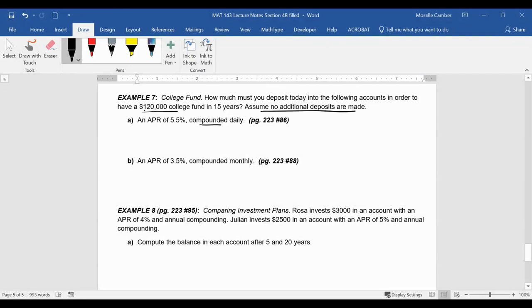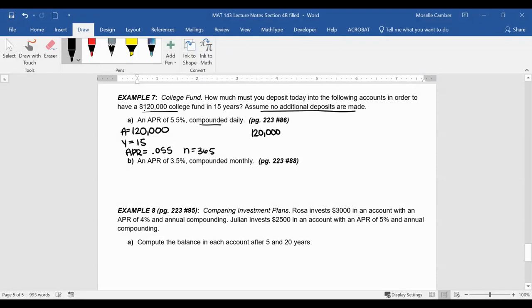So again, put in our information. So we want to have 120,000. So our A is going to be 120,000. We're still letting it sit for 15 years. So my Y is 15. My APR is 5.5%, which is 0.055. Compounded daily means my N is 365.